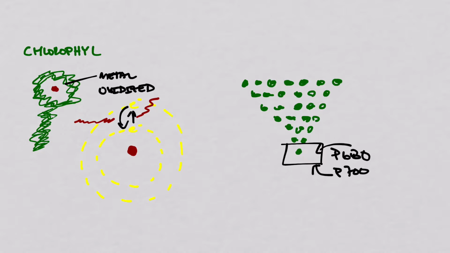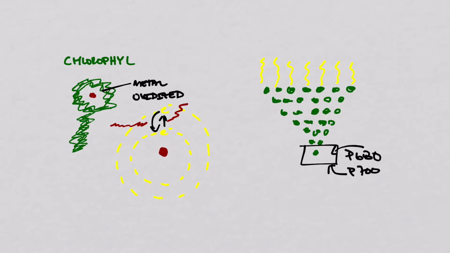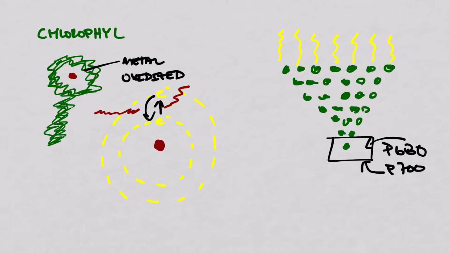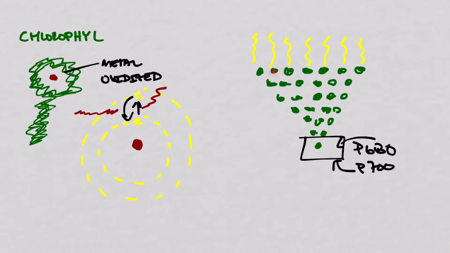So, a photon of light comes and hits these first chlorophyll molecules. And when the light hits it, an electron in that metal atom gets excited, absorbs the photon, and bumps up to a new energy level. So that happens in each of these pigments here.